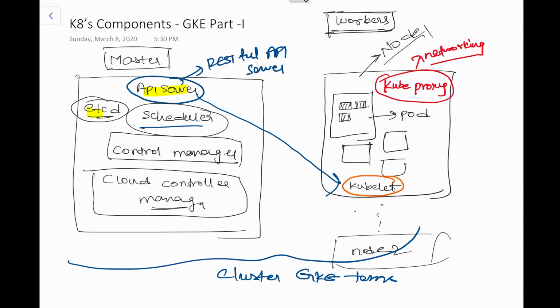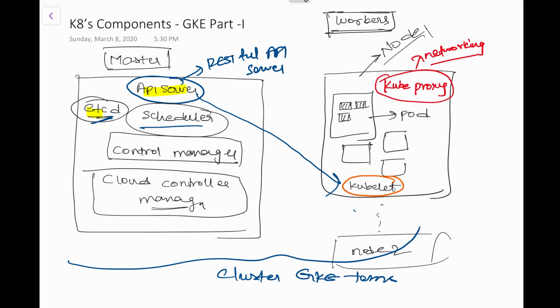As the API server invokes kubelet, kubelet talks to the Docker daemon using the API over the Docker socket to create the container. Now kubelet updates the status of the pod to the API server, and the API server persists the new state in etcd. So these are the steps that happen between the master and the worker.